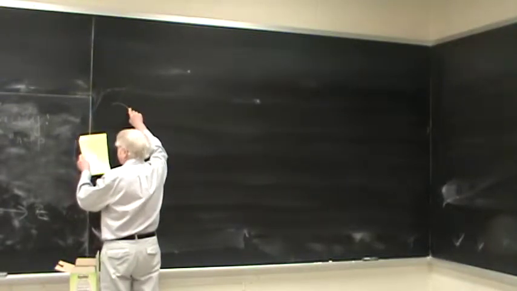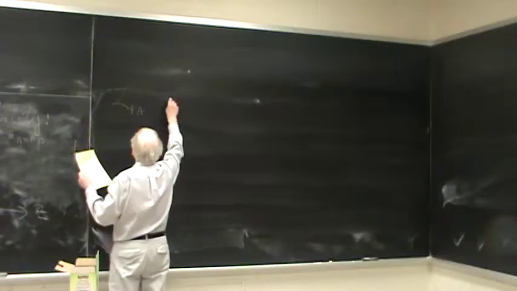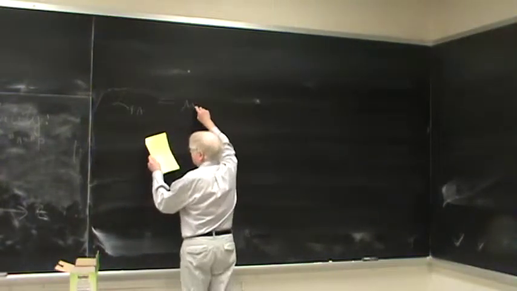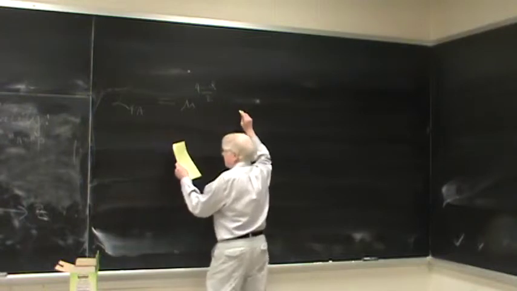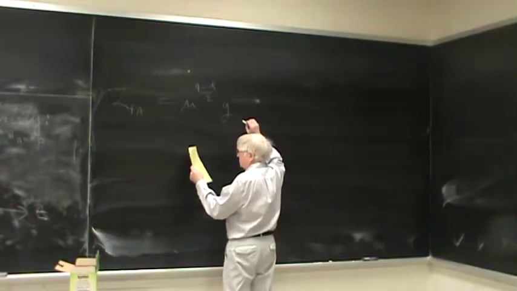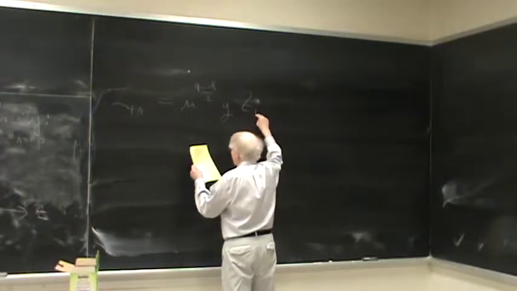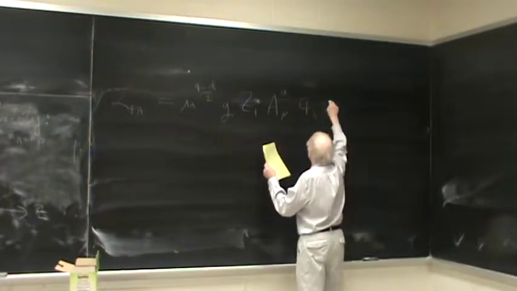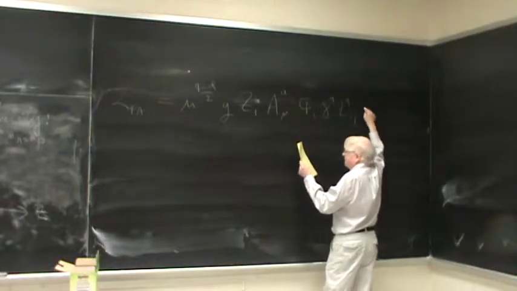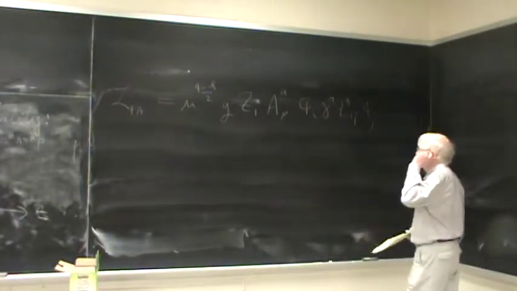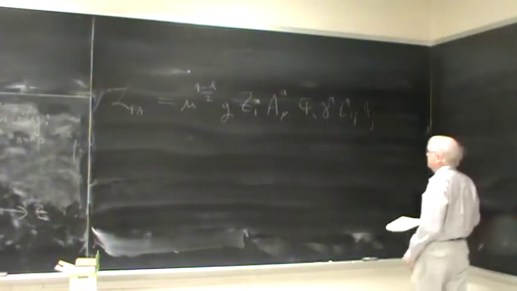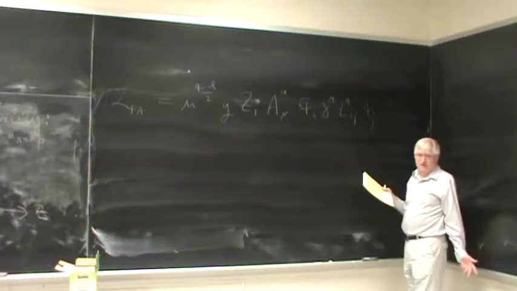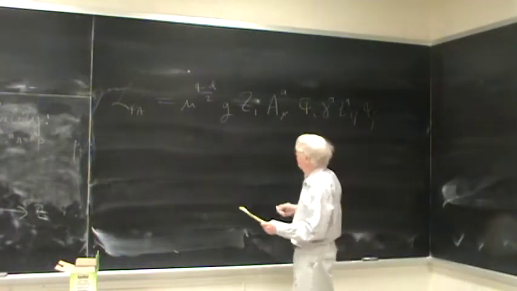Basically, it was to write the Lagrangian, or at least a part of it, the action density that refers to the quark-gluon interactions as we were writing it in the dimensional regularization procedure: Z1 and then A^A_mu psi-bar_i gamma^mu T^A_ij psi_j. Here j would go from 1 to 3 over the 3 colors. We're just considering one flavor at the moment.